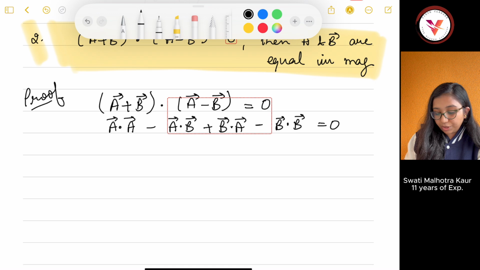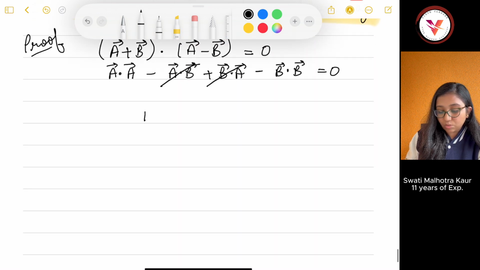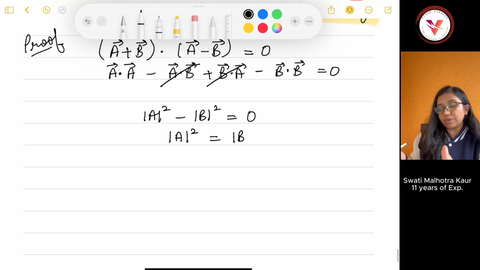So if you use the commutative property, these two cancel each other, and then it simply becomes magnitude of A square minus magnitude of B square equals 0. And if you take one there, you will get that magnitude of A is equal to magnitude of B.